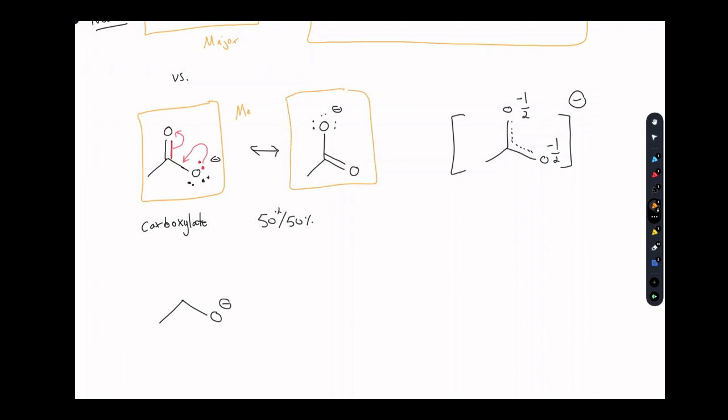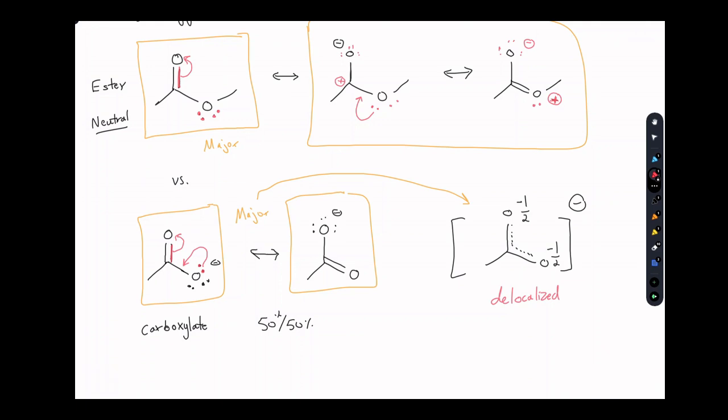These are both major, and they form a resonance hybrid that is much more stable than just one localized negative charge. Again, the key idea here is this localized charge is going to be unstable compared to a delocalized charge that's been spread out via resonance.